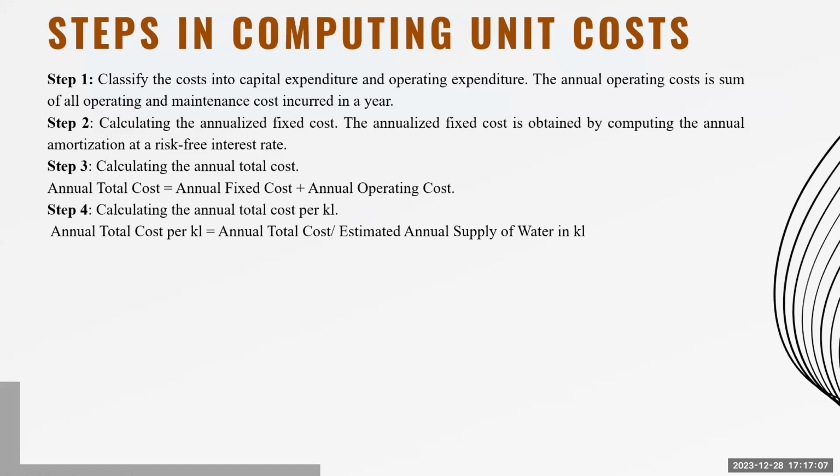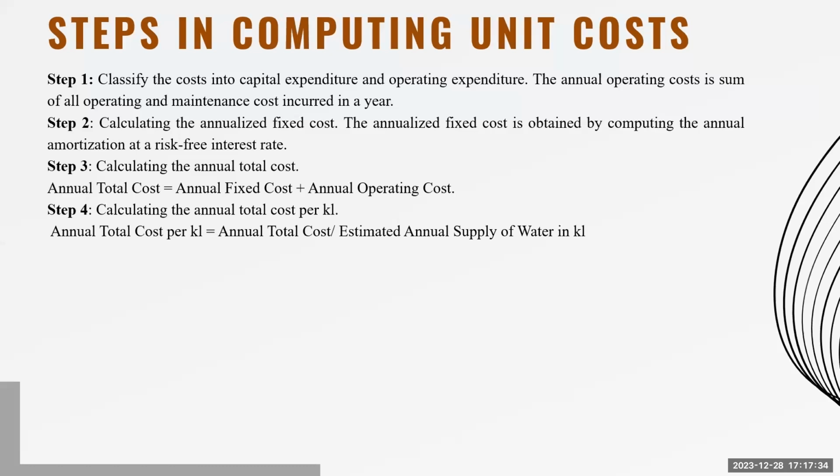Once we have that, we can look at the annual total cost per kiloliter, which is annual total cost divided by the estimated annual supply of water in kiloliters, depending on what you assume in terms of the number of people and the number of liters of water you want to supply, the LPCD, liters per capita per day. It could be 55 liters as JJM specifies.